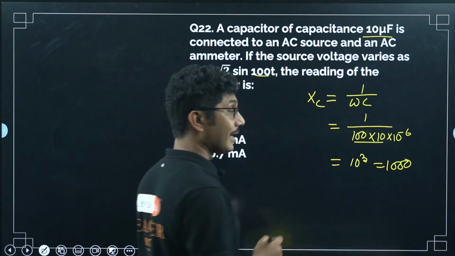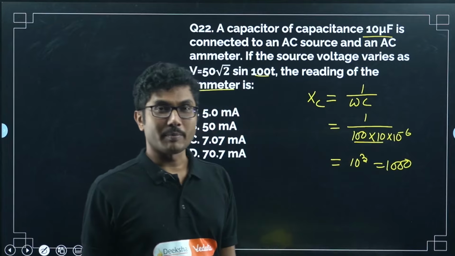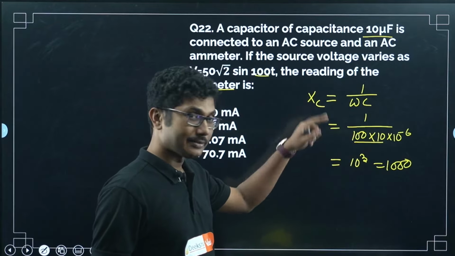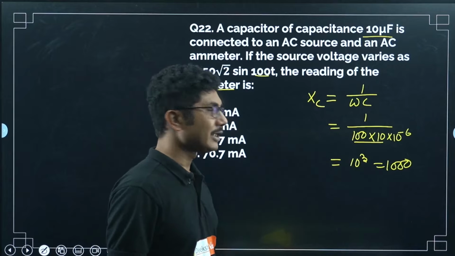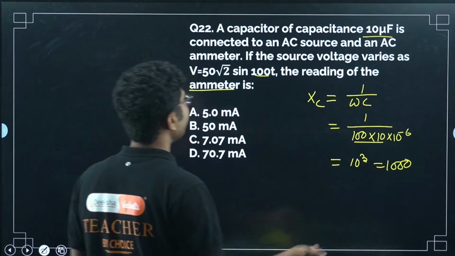So 100 times 10 is 1000, 1000 times 10 to the power of minus 6 is 10 to the power of minus 3. Since it is in division, it goes up and becomes 10 to the power of 3, right? These steps you have to do faster.